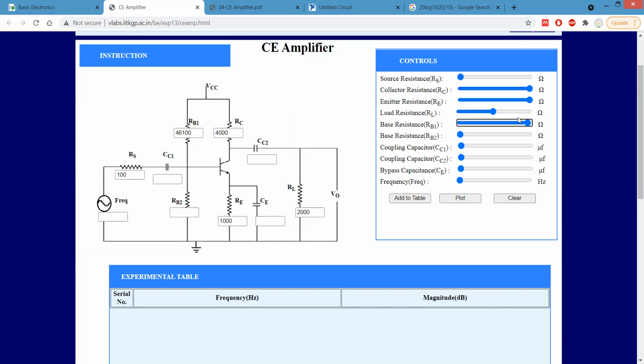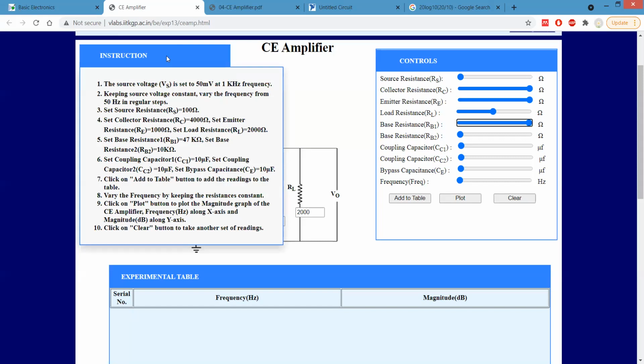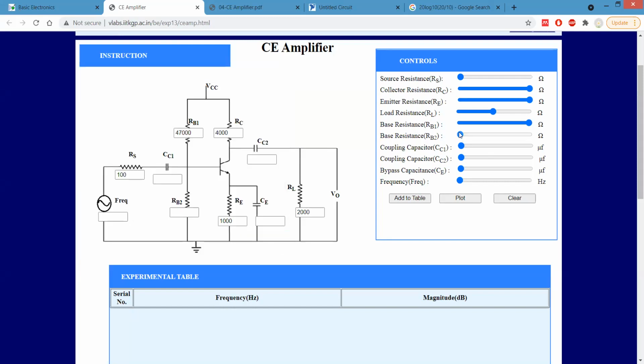We are considering the standard values that were suggested by them. So RB1 is 47 kilo, and RB2 is 10 kilo.